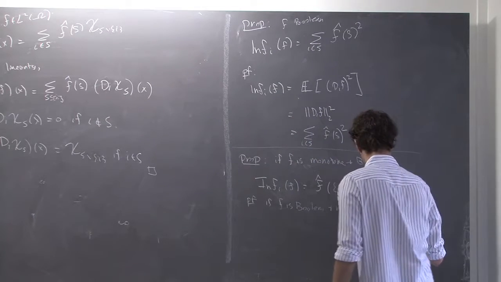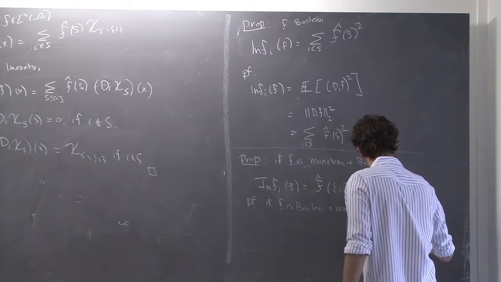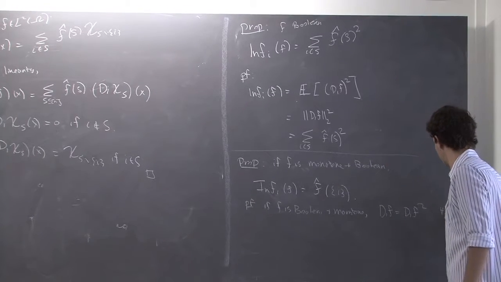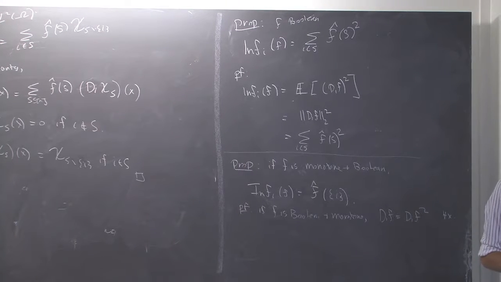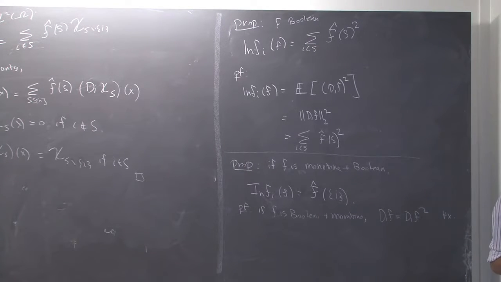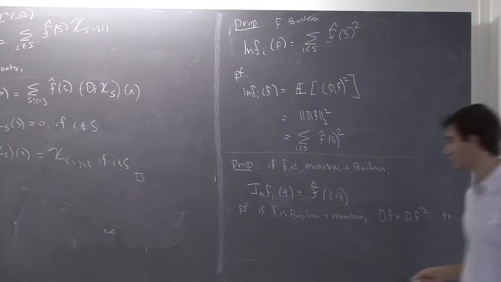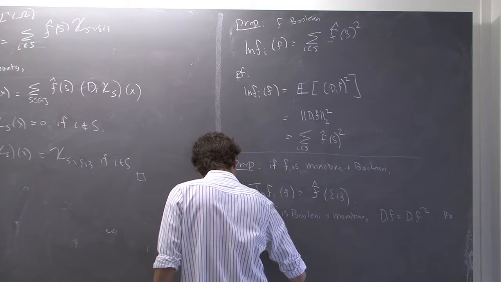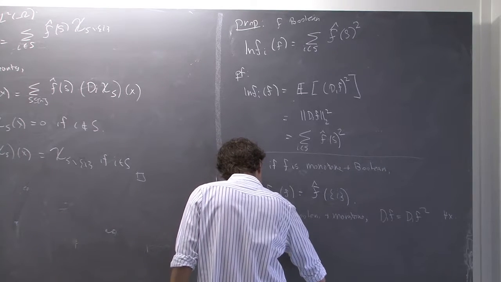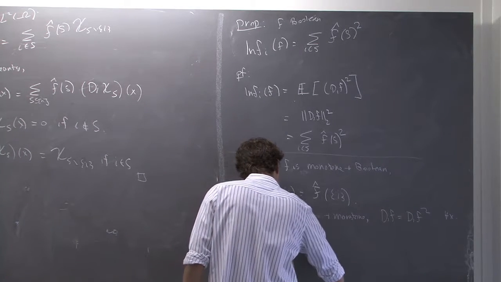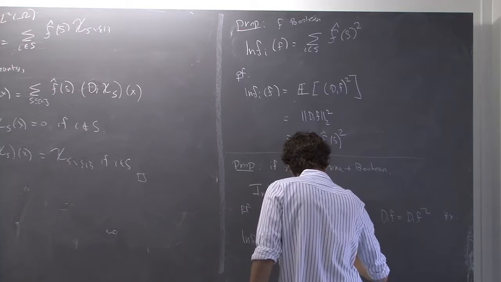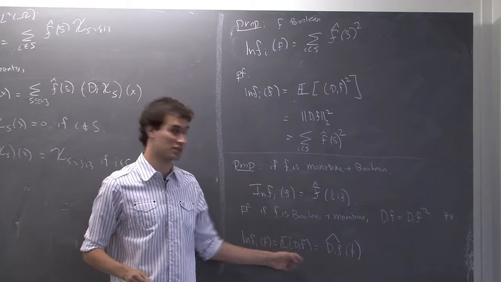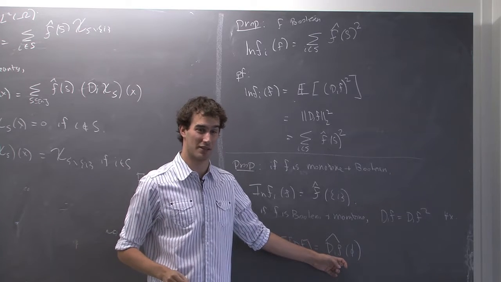Monotone. It's a 0 or 1 function, and therefore for all x, the first and second powers are identical. So the expectation of a function is given by its Fourier coefficient involved with the empty set.